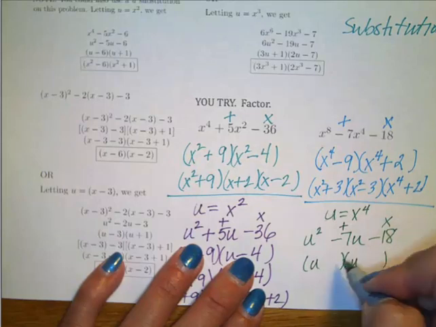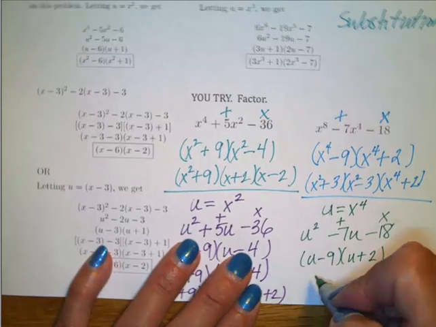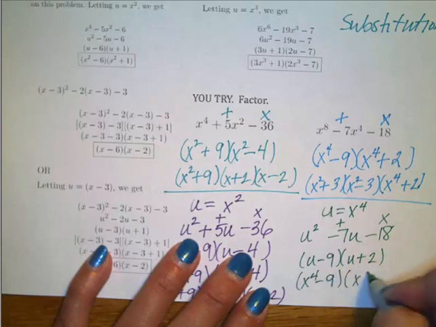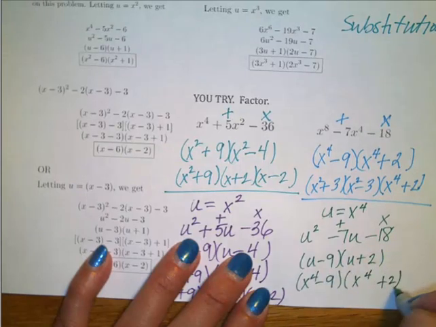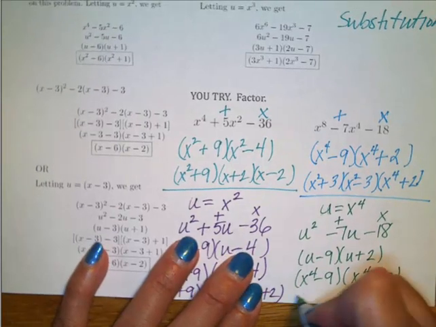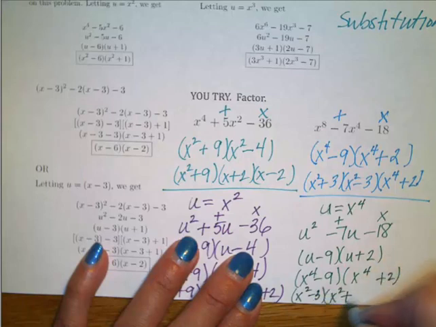Again, still 9 and 2, negative 9, positive 2. You have to substitute back, so we have x to the fourth minus 9 and x to the fourth plus 2. That last factor is prime, so the first one is not, so x squared minus 3, x squared plus 3, x to the fourth plus 2.